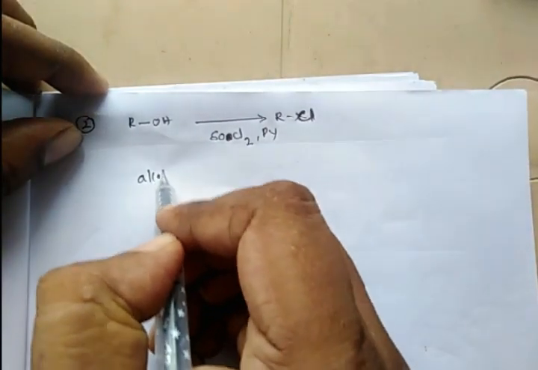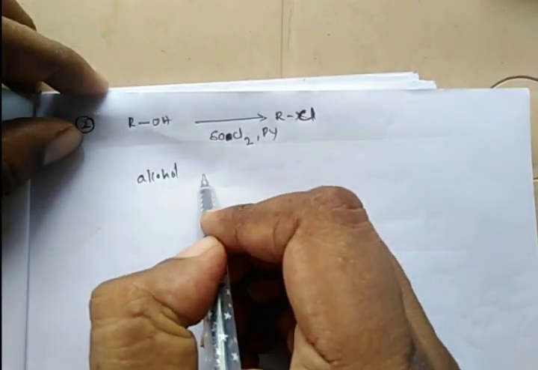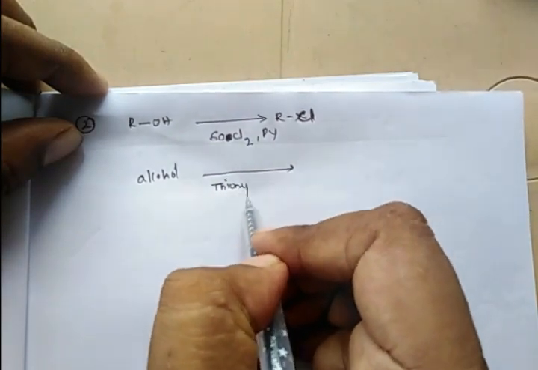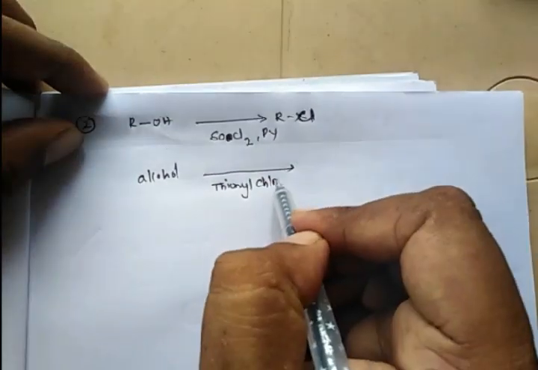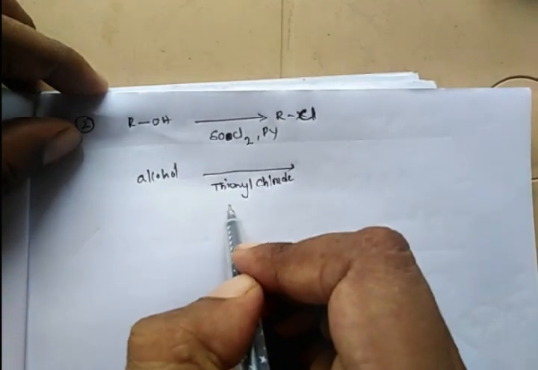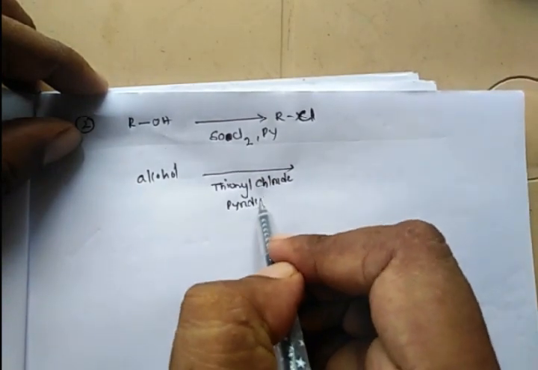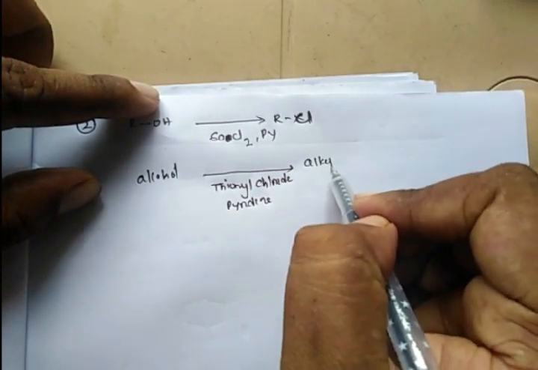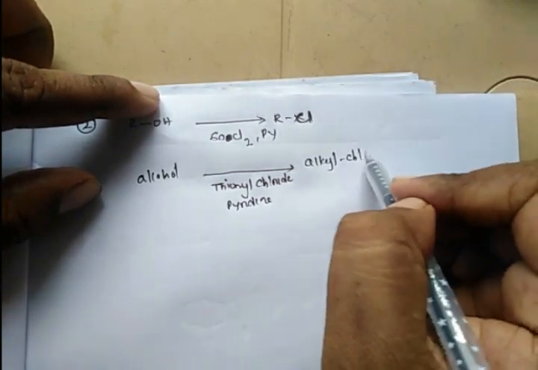So now we will discuss the conversion of this alcohol. When you treat an alcohol with thionyl chloride in the presence of a base like pyridine, we will obtain alkyl chlorides.